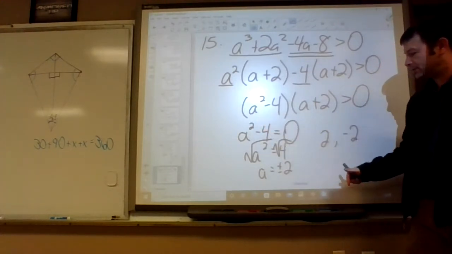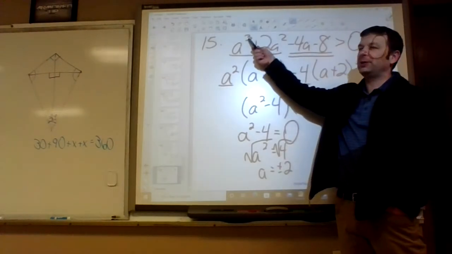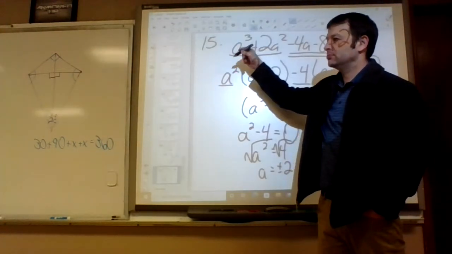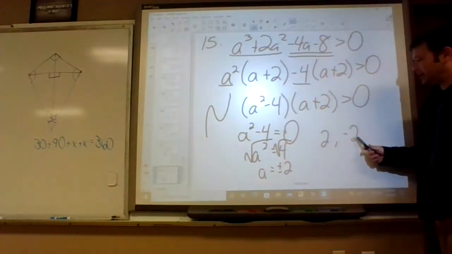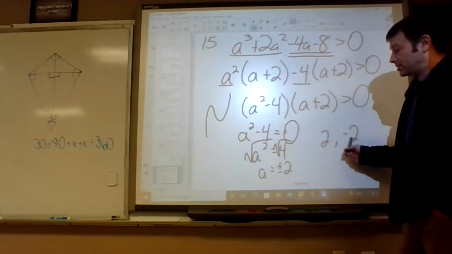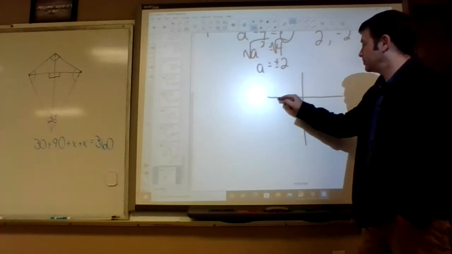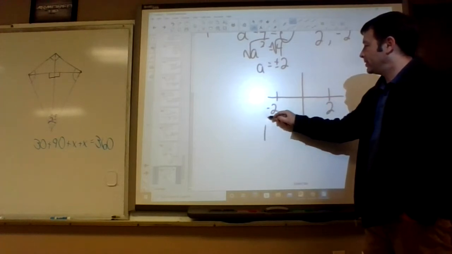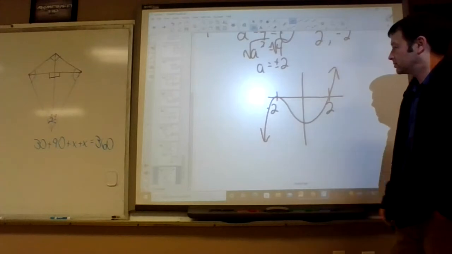It's like an answer twice. This is a cubic function, so what shape did that take? But at negative 2, it's a double root, so it's going to bounce on that graph at negative 2. So it's going to bounce right there, and then it'll go through right there.